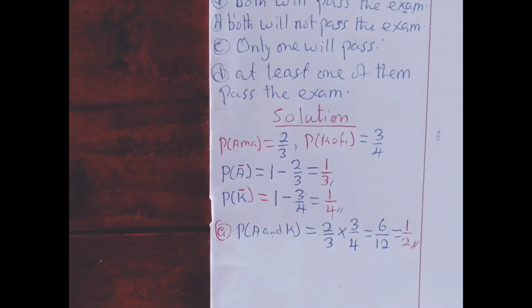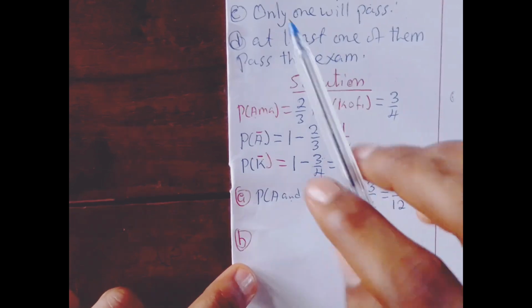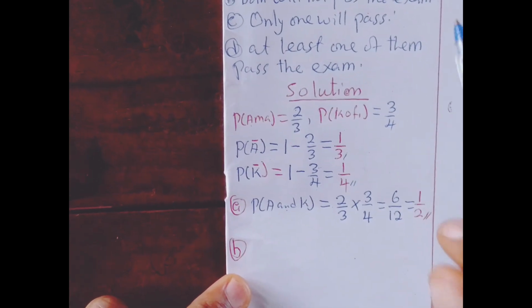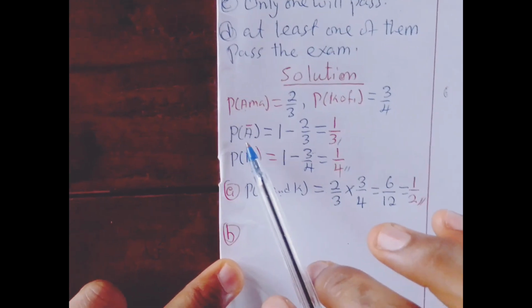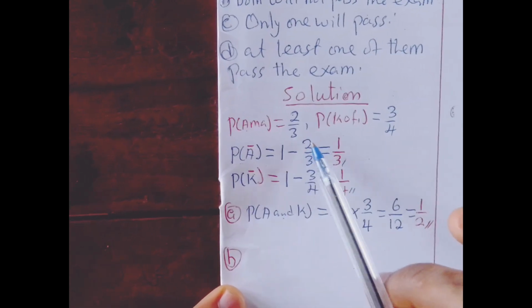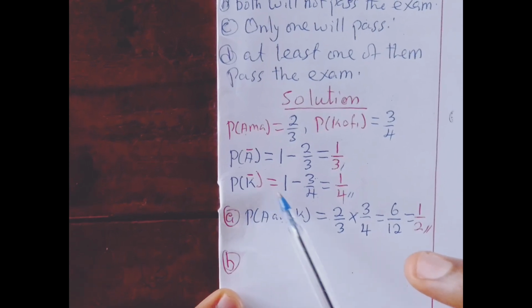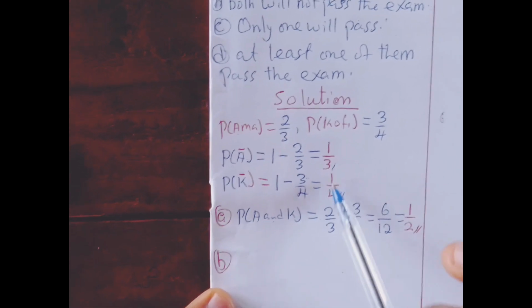Let's come to B. B says that we should find the probability that both will not pass. It means the two of them will not pass this exam. We had it earlier that the probability of Amma not passing is 1 minus Amma passing, which is giving us 1 out of 3. And the probability of Kofi not passing is 1 minus Kofi passing, and we had 1 out of 4.